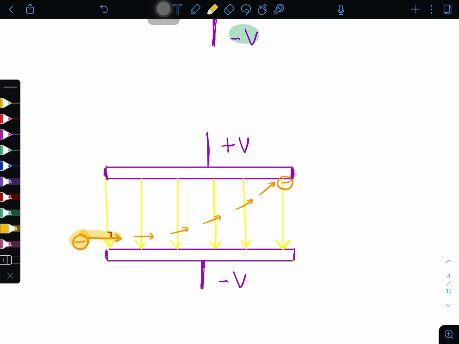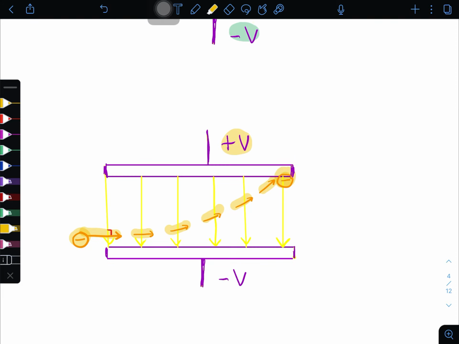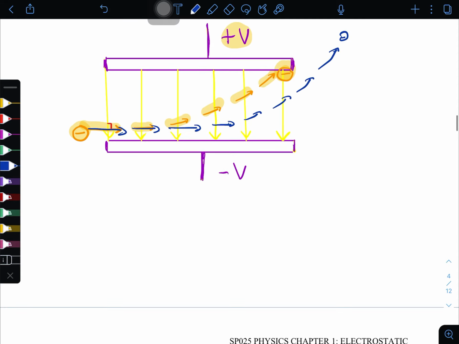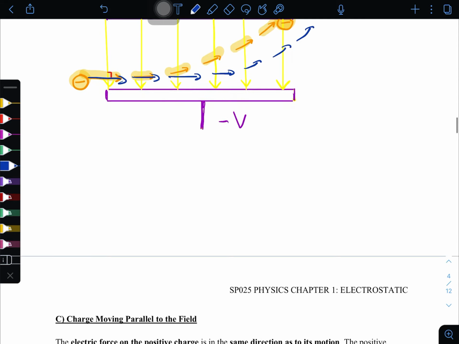So dia akan attracted to the positive plate dan membentuk parabolic path ke atas. So it can be dia terlekat dekat plate, ataupun kalau dia terlalu laju, dia bentuk parabolic path, tapi dia akan keluar daripada plate, but still in a parabolic path.